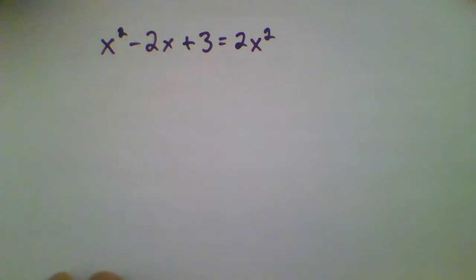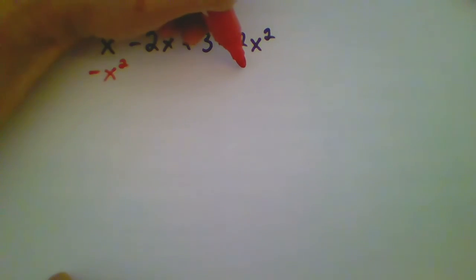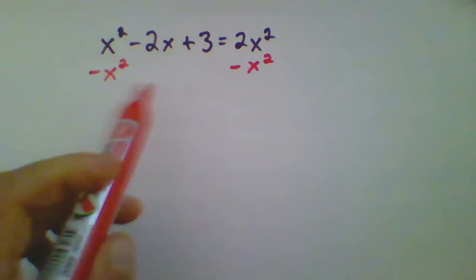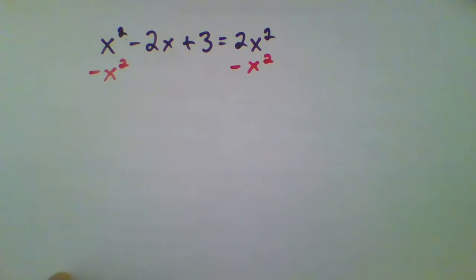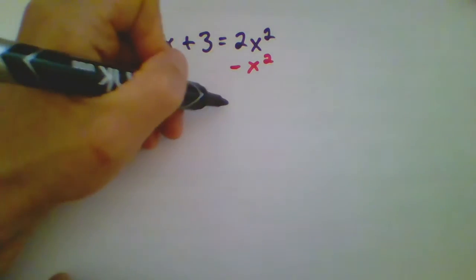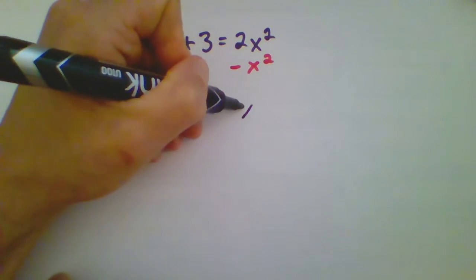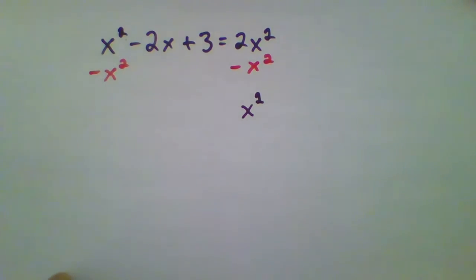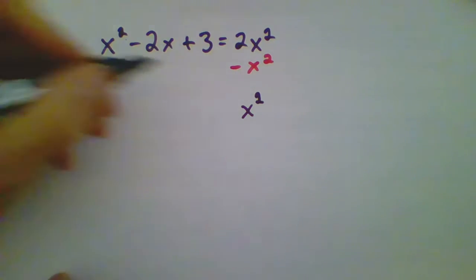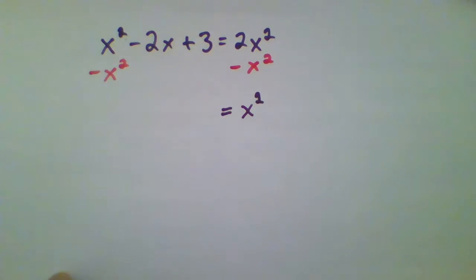So what I mean by that is I can cancel this x squared by doing minus x squared on the left side. And if I keep things balanced, I have to do that on the right side. And this is nice because when I do 2x squared minus x squared, I'm just left with positive x squared on the right side of the equation.